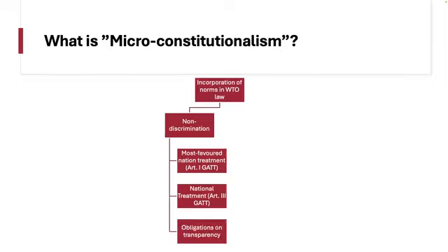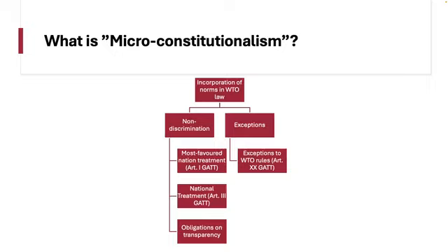There are also rules on transparency, obligations, and prohibition on certain trade barriers, and this provides us with a good amount of information about the ways in which norms are entrenched in WTO law. Additionally, there are exceptions to these norms. The WTO incorporates exceptions as part of Article 20 of the GATT, which allows for policy space with regards to the environment, public health, and public morals.